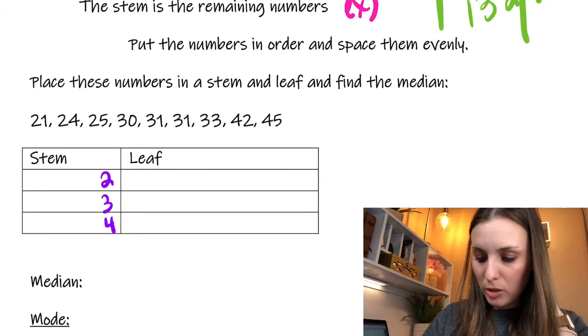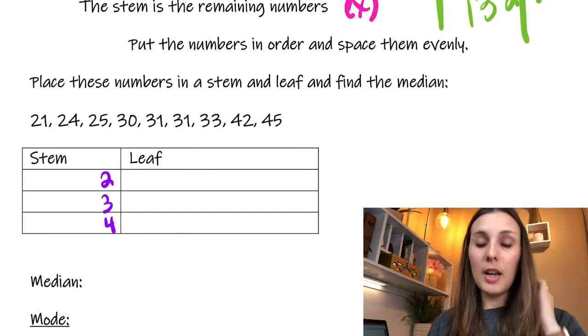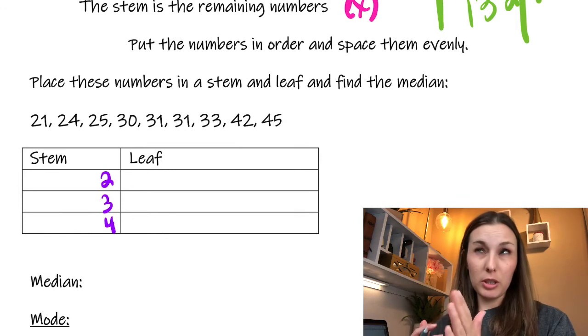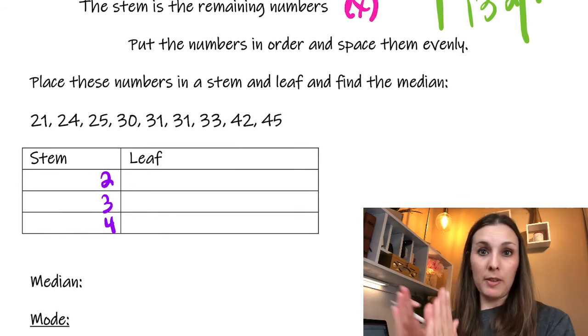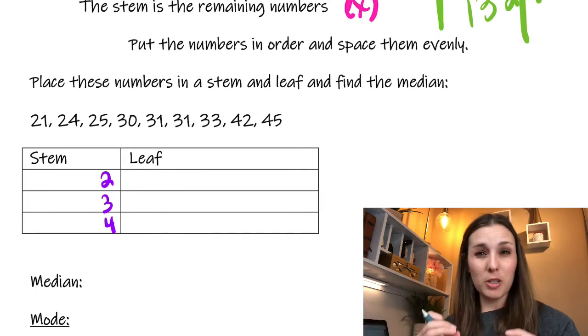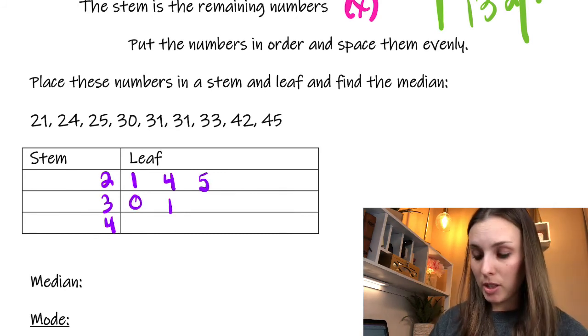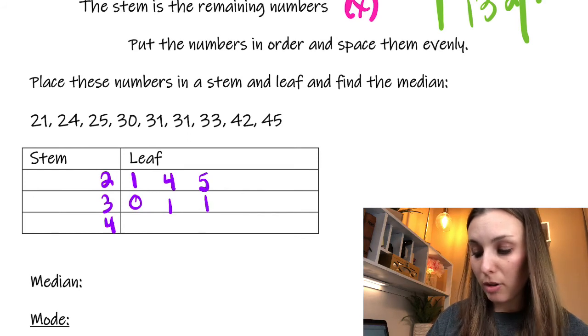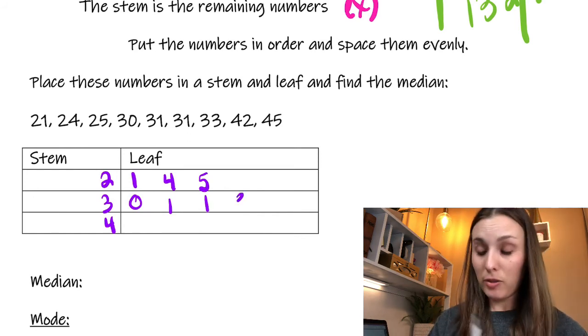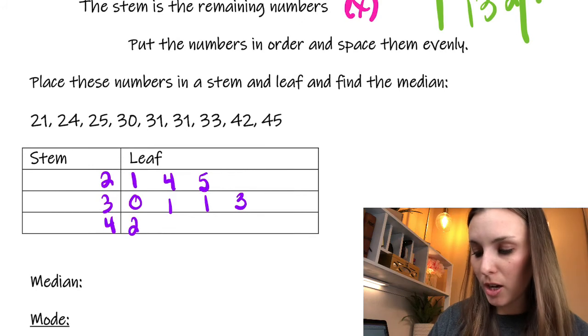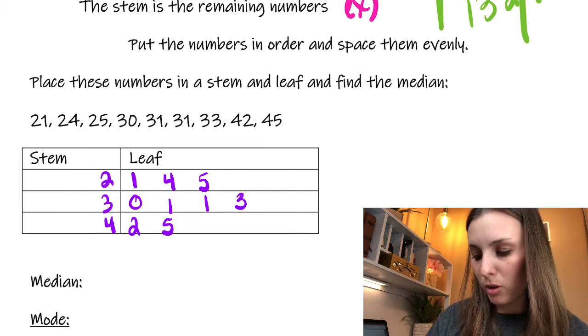Then you put your leaves in order, and you line them up evenly so that the shape is not distorted. So I have a 21, a 24, and a 25. I have a 30, yes, you have to write the 0. A 31, 31, yes, you have to write it twice, and a 33. And then I have a 42 and a 45.